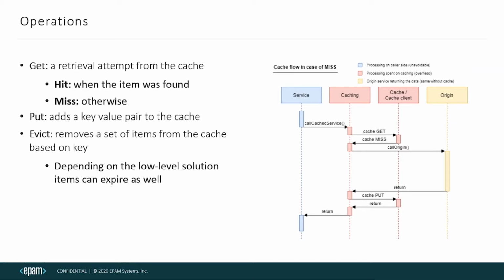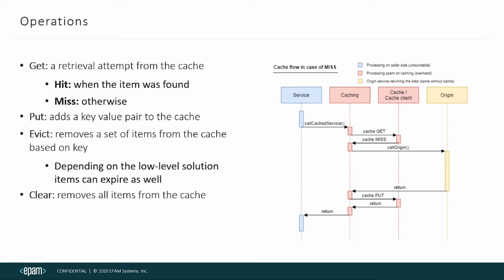So depending on your configuration, it will keep it there. Then when it expires, it will say that it is not found. So you need to put it there again. And just to mention the last one, we have a clear, which is kind of like a nuclear option for eviction. It is removing everything from the cache.